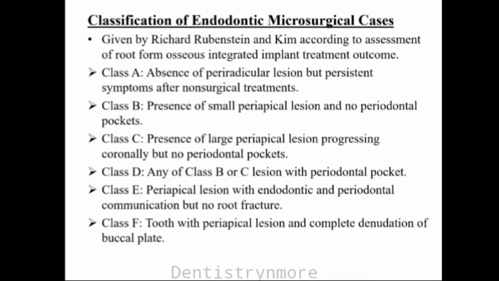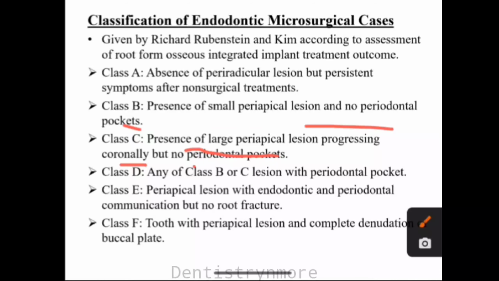Next one is classification of endodontic microsurgical cases, and it is classified into 6 types. Class A, absence of periradicular lesion but persistent symptoms after non-surgical treatment. Class B, presence of small periapical lesion with no periodontal pockets. Class C, presence of large periapical lesion that is progressing coronally but no periodontal pocket.